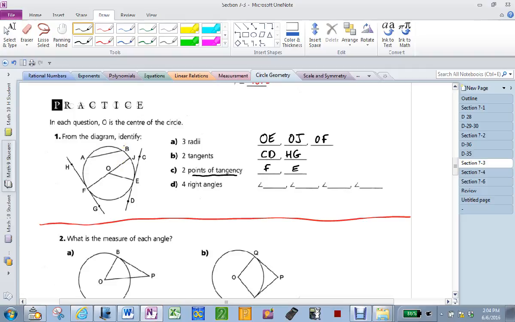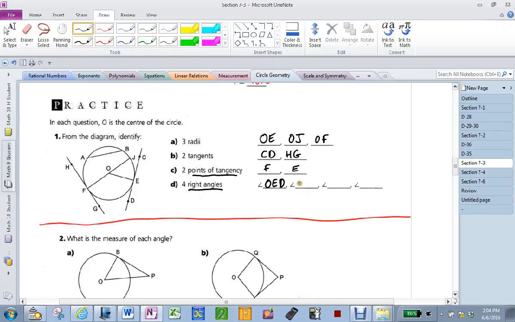AB is not, a right angle means it's a 90-degree angle. AB makes no angles. OE what? OED. That's one of them. OED. And of course DEO.